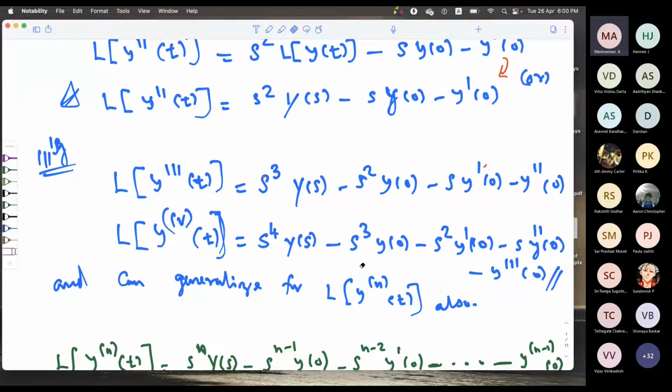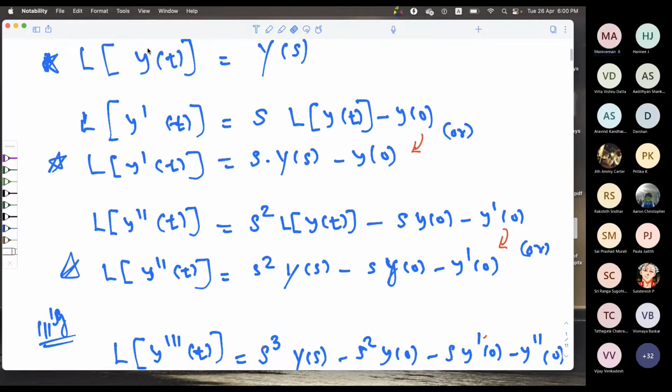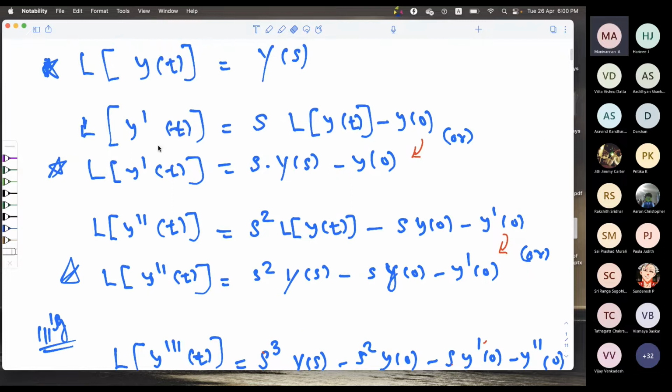Based on the order, the initial conditions will be there. The number of initial conditions is 4 for the fourth derivative: 1, 2, 3, 4. For the third, 1, 2, 3. For the second, 1 and 2. For the first, only 1. If there is no derivative, it is simply Y of s.